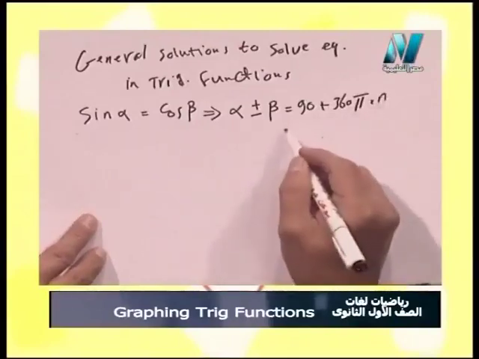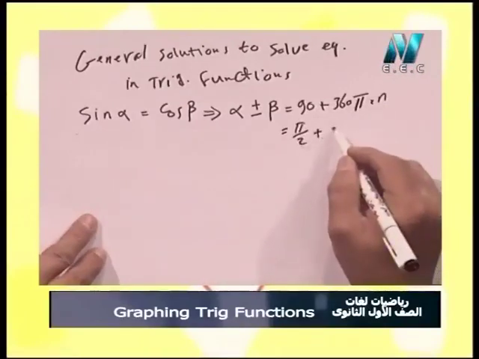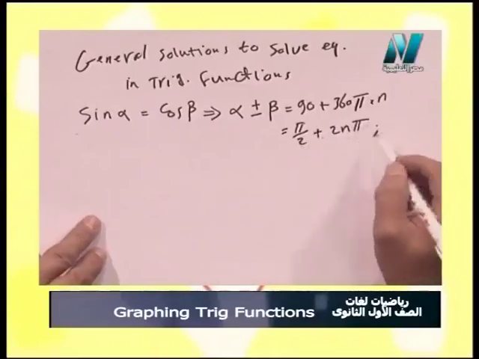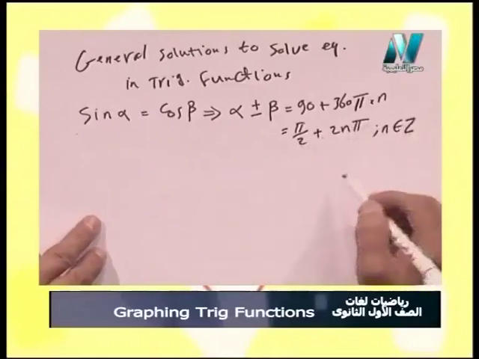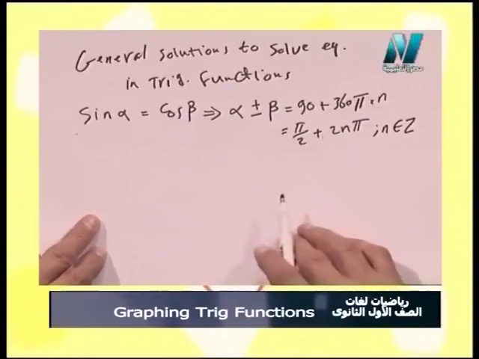We can write it as pi over 2 plus 2 n pi, such that n belongs to Z. You know Z, integer numbers, 0, 1, 2, 3, 4, and so on, negative 1, negative 2, and negative 3, and so on. Okay?